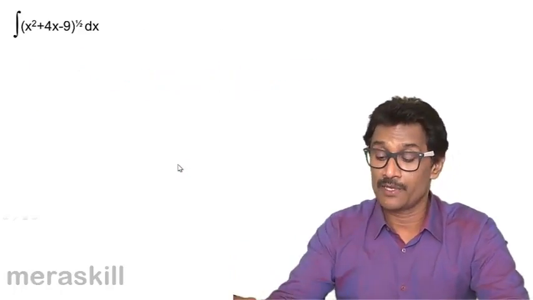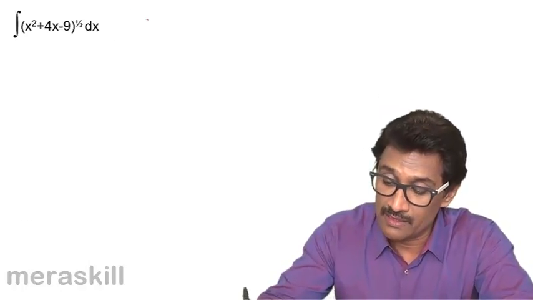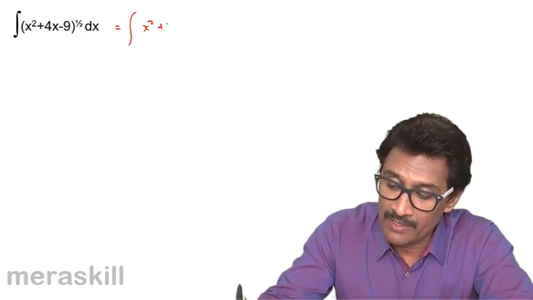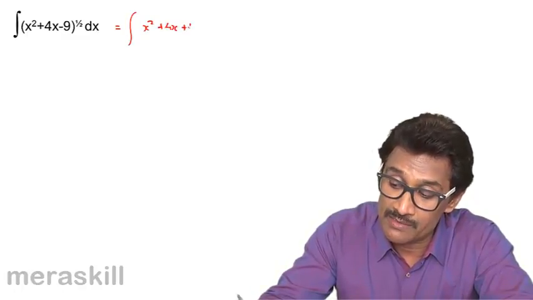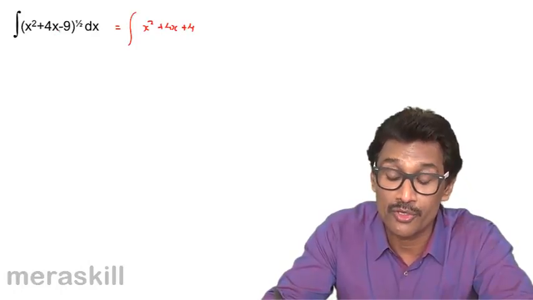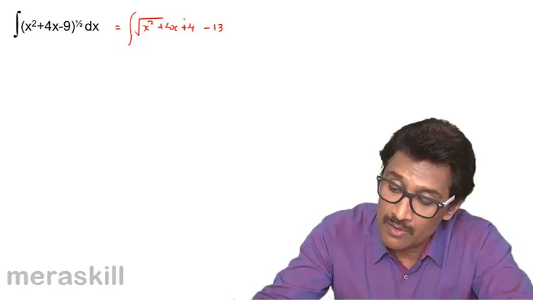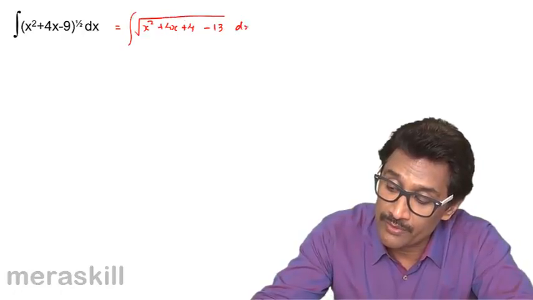Okay, so for example, here you have x squared plus 4x minus 9. So this is nothing but root x squared plus 4x plus 4. You remove 4, so you have to subtract, hence you get minus 13. This whole thing square root.